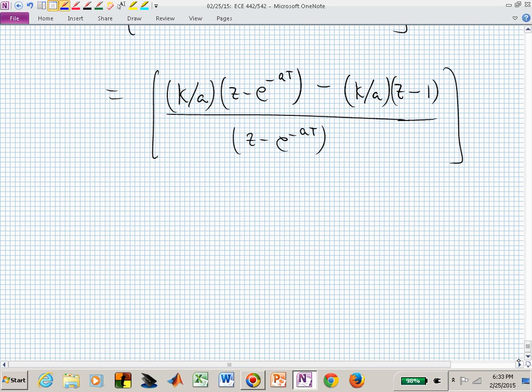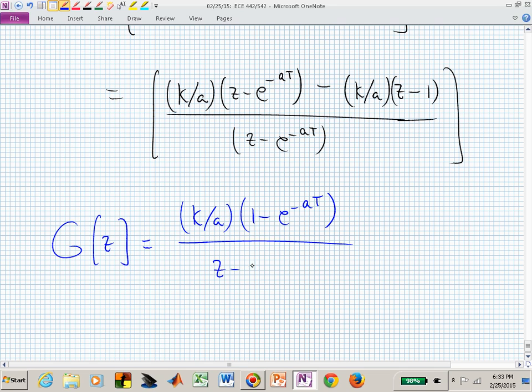And we have e to the minus at scaled by k over a, which allows us then to conclude that the zero order hold equivalent of an exponential is now this: k over a, times 1 minus e to the minus at, over z minus e to the minus at.